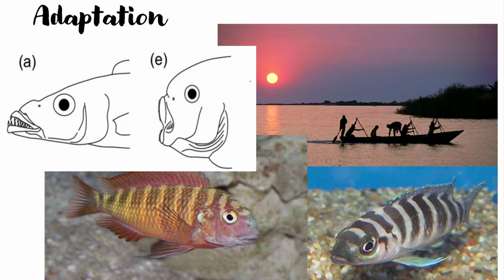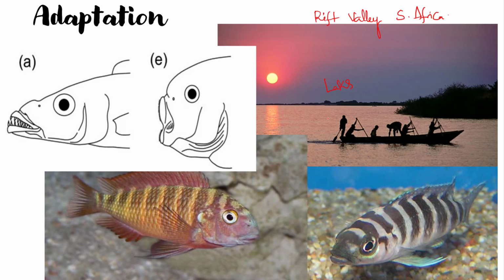So here there is a good example, where you can very clearly notice such adaptation in the Rift Valley, in the southern parts of Africa, which has different varieties of lakes distributed over the area.